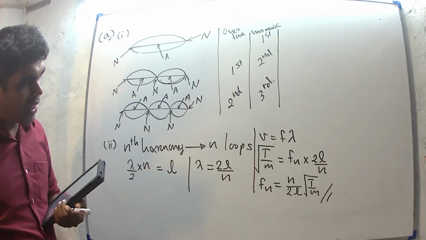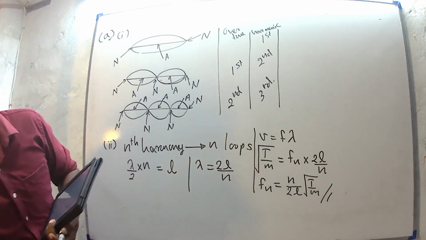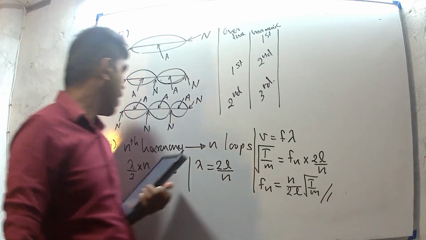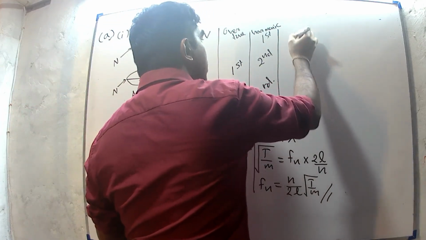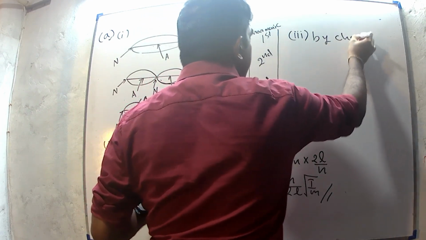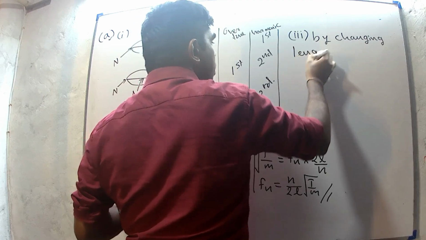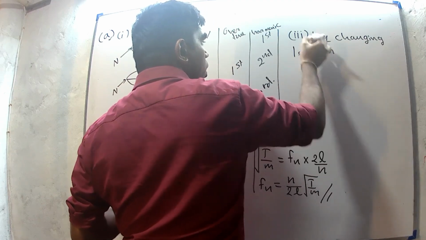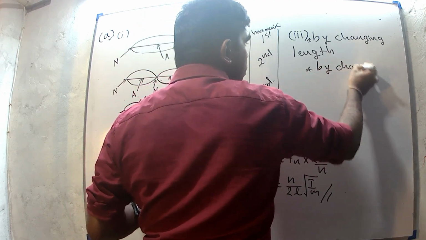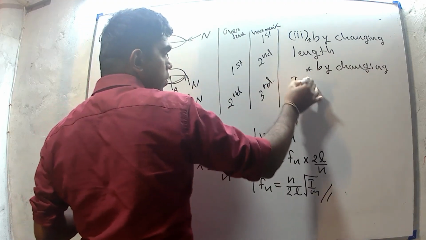Therefore, we can change L value, length of the string. Then we can write the answer for part 3: by changing length and by changing tension.